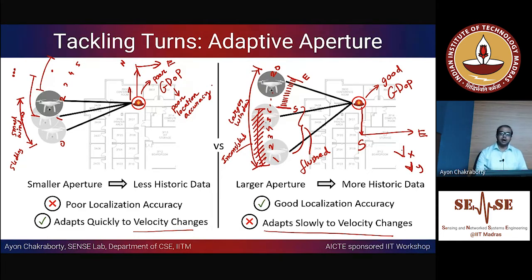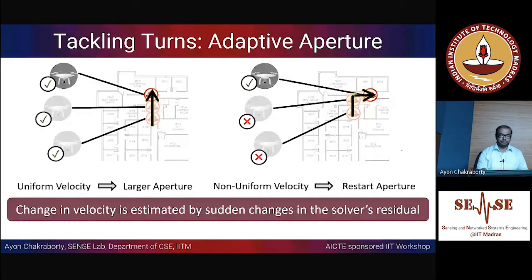Okay, so now how to detect a turn? We are trying to detect the turn by looking at the solver's residual. So if you have looked at the LM fit algorithms, the way the library or the LM algorithm works, what we are trying to do is minimize that function, argmin.